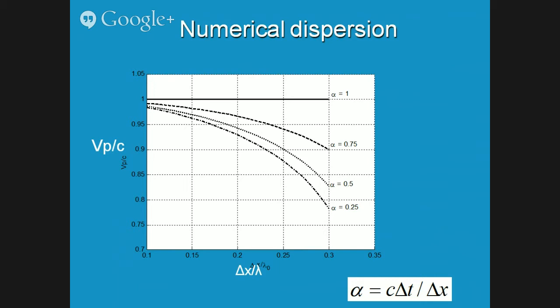There is a magic time step for the 1D problem, but there is no such magic step for the 2D and 3D problem. Okay, so this is the numerical dispersion. That is a feature of almost all the computational techniques. Although numerical dispersion in almost all the cases becomes smaller and smaller as the cell size decreases.